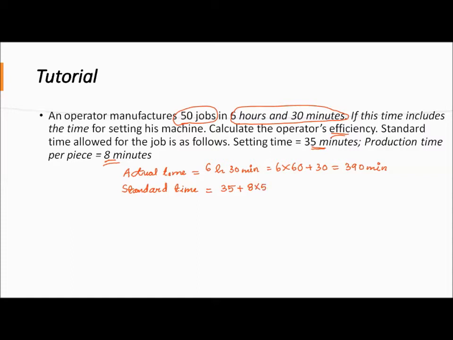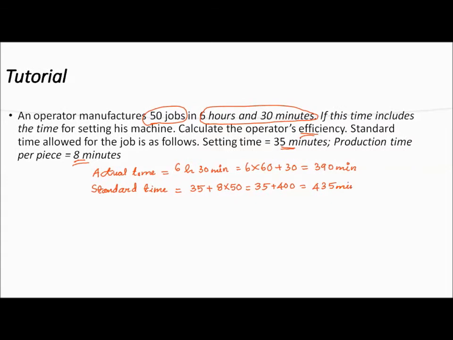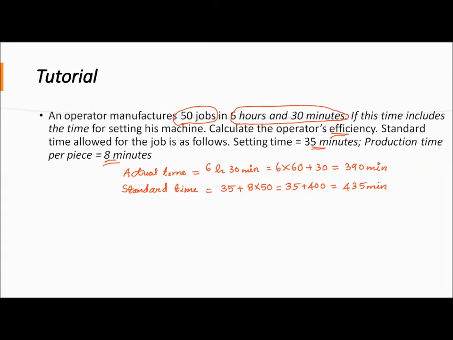So 8 into 50 will give you the time for 50 pieces. So that is 35 plus 400, so that will be around 435 minutes. Now you are asked to calculate the efficiency of the worker.